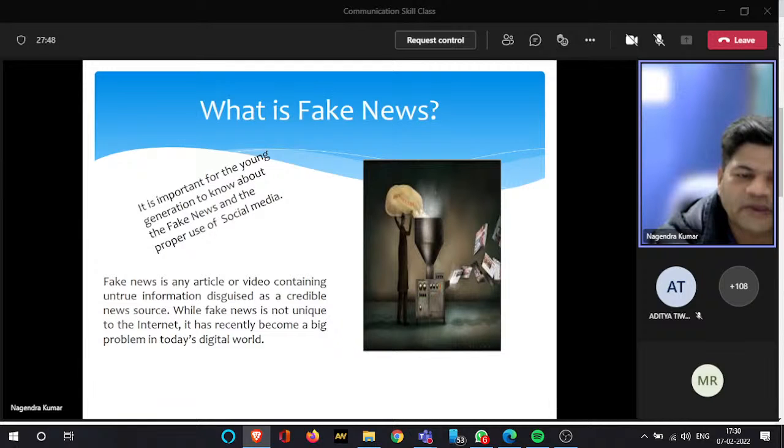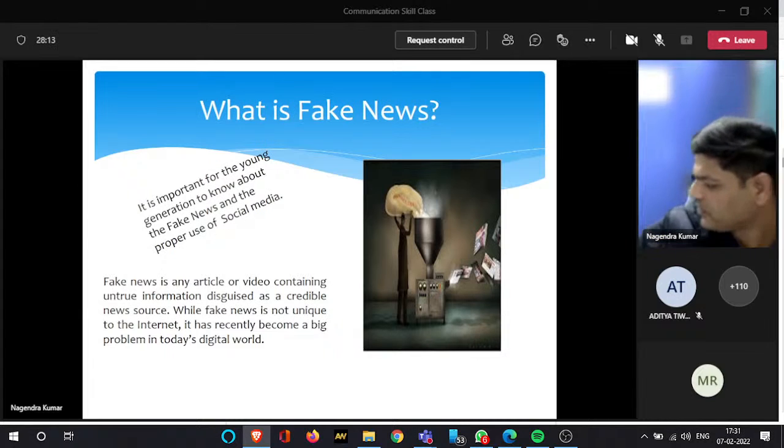So fake news is any article or video containing untrue information disguised as a credible news source. And while fake news is not unique to the internet, it has recently become a big problem in the digital world. I mean, we always know that nothing comes without its sidekicks.